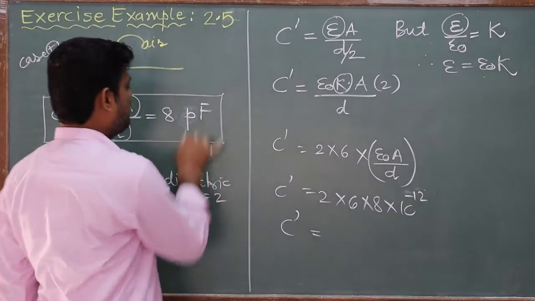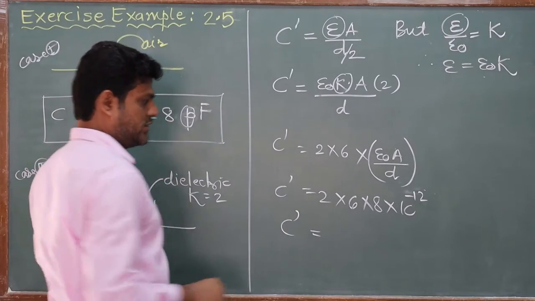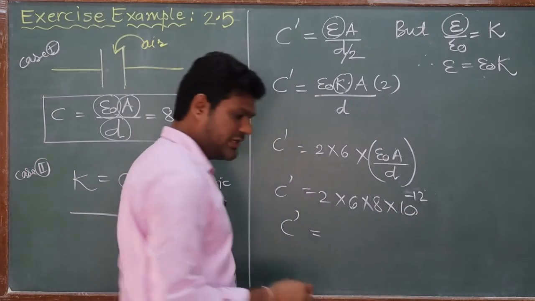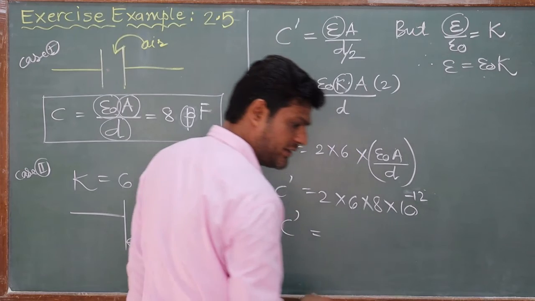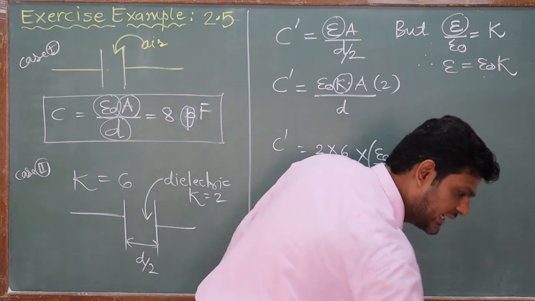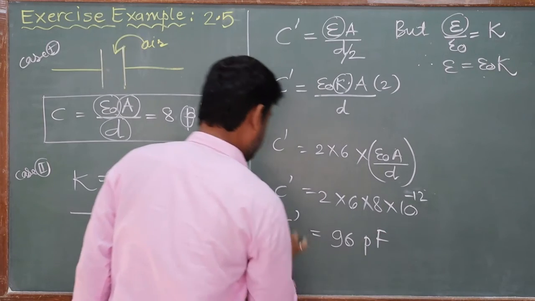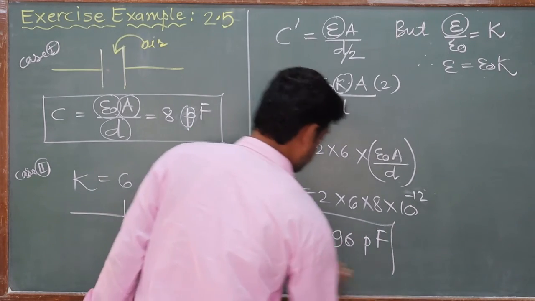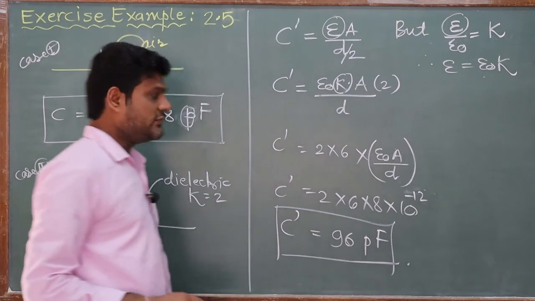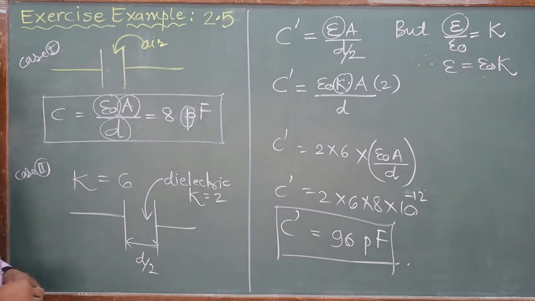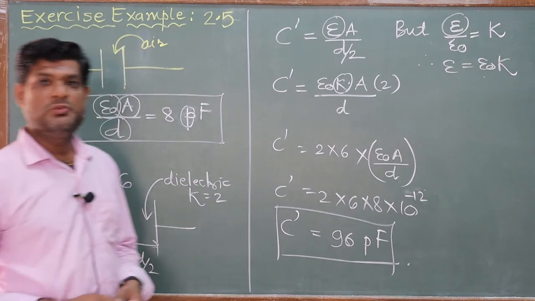Pico means 10 to the power minus 12. So by solving this, you will get 96 picofarad as your answer. So in this way, we have completed the exercise example number 2.5.